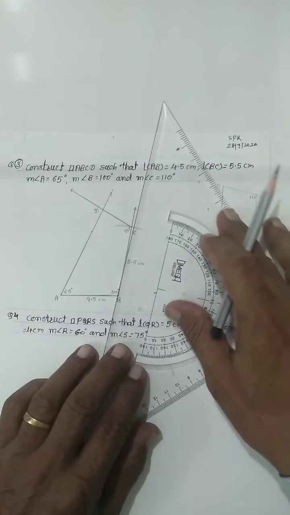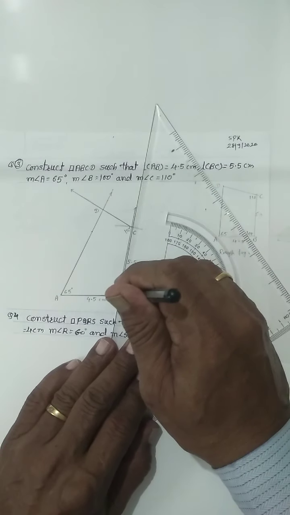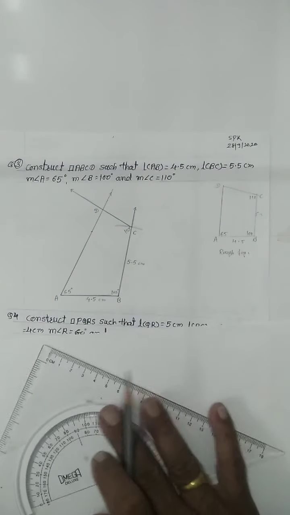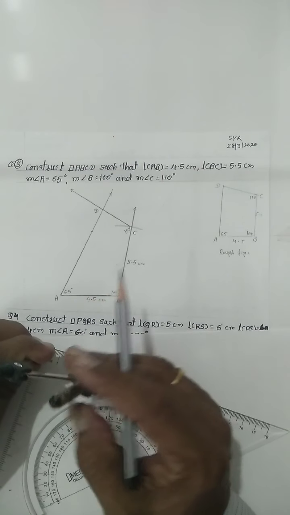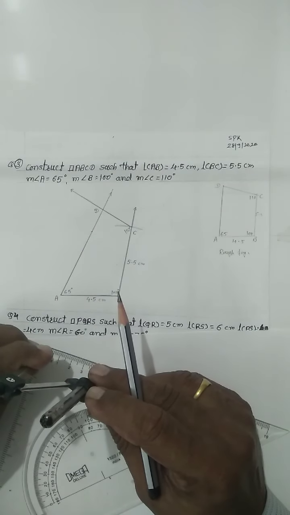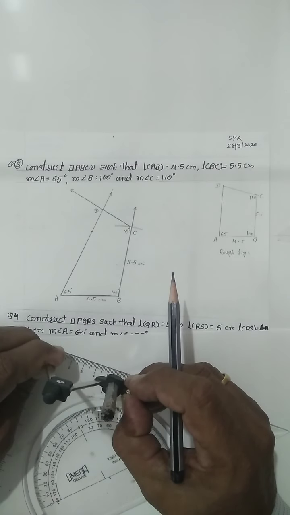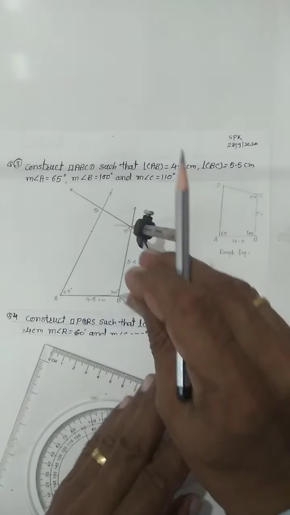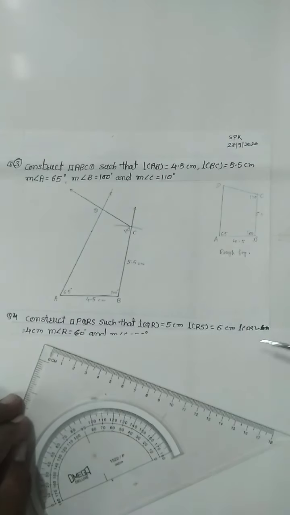Then draw the ray which starts from B. Then take a distance between two terminals of compass 5.5, that is the length BC, and draw one arc from B. We get a point C.